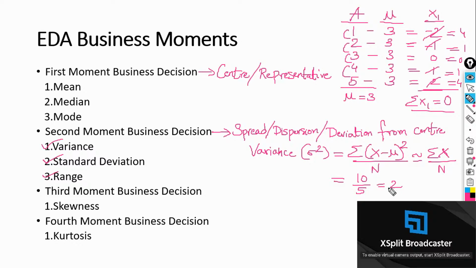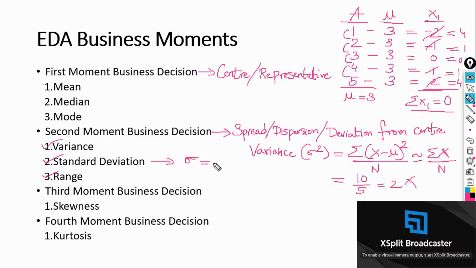But is this the original spread from the data? No, this is actually squaring. In order to escape from zero, I'm actually squaring each and every value in my numerator. But is the 2 that I got for variance the original spread? No, this is squared spread. So standard deviation is represented with sigma, guys.